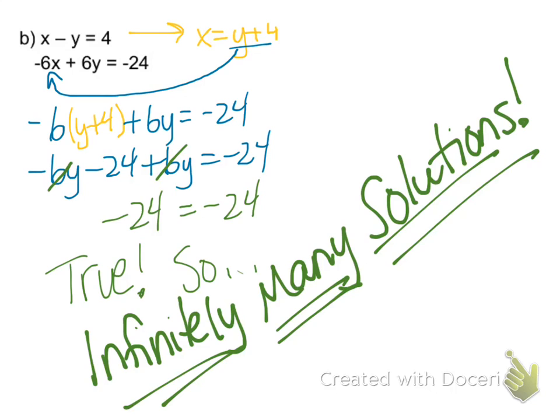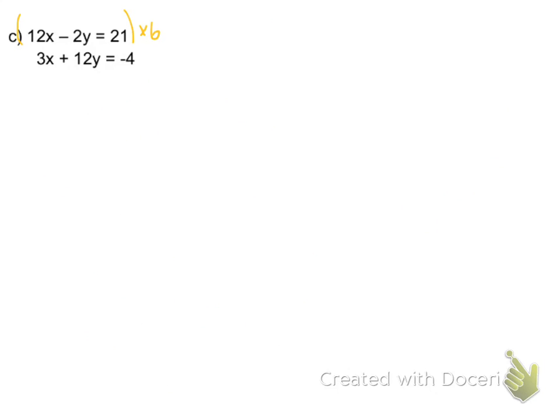Okay, let's try to do an example that has a solution now. So if we look at this example, again, we probably don't want to use substitution because we would end up with fractions if we solved one of those equations for either x or y. So let's go ahead and use elimination or linear combination. So if we multiply the top equation by a positive 6, we would get that our y's are the same but opposite.